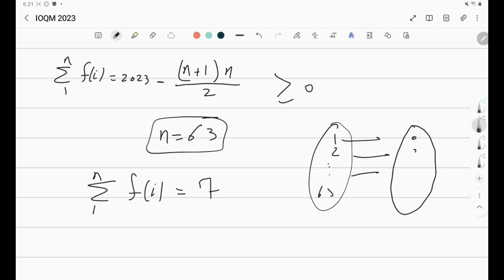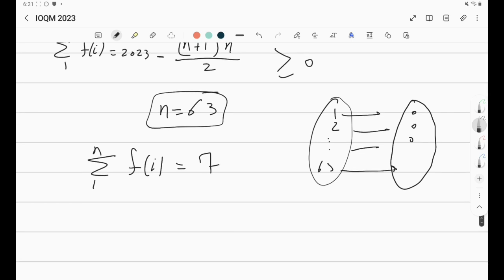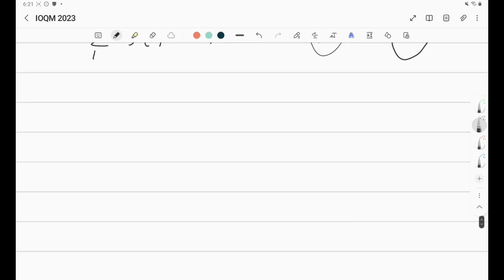The first few are all zeros, but the last ones, because the function is non-decreasing, are going to have some positive values, and we want their sum to be 7. So this is actually the number of partitions of 7. How do we count that? Well, easy. We just discuss all of them. How many times can we write 7 as a sum of positive numbers? So let's write all of them.